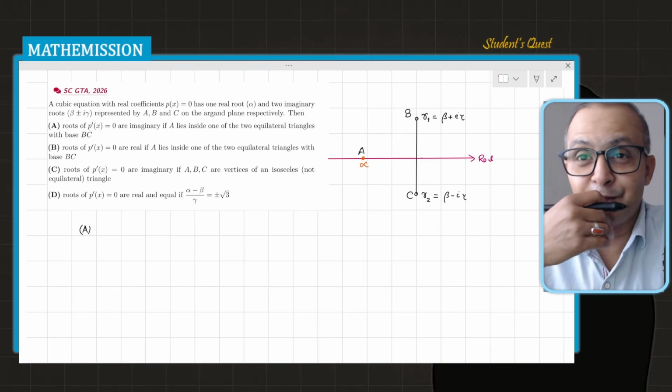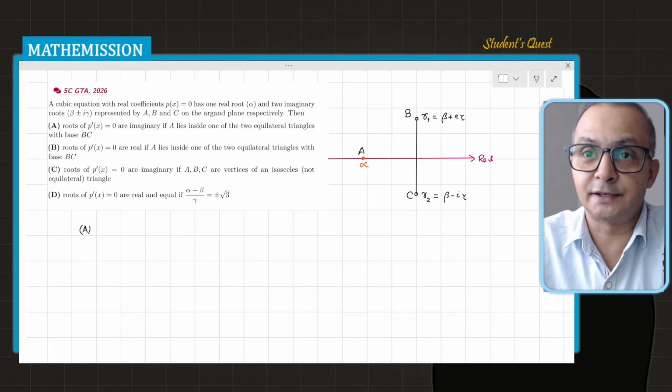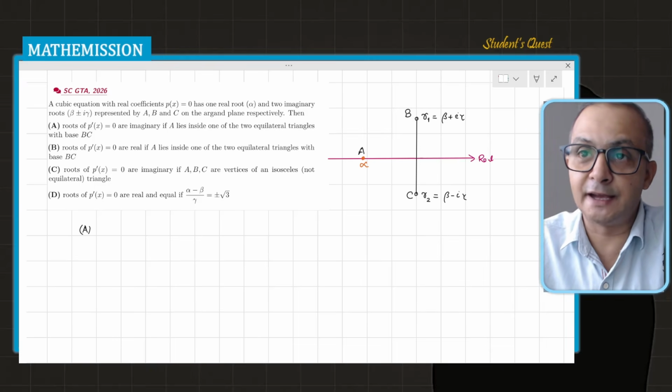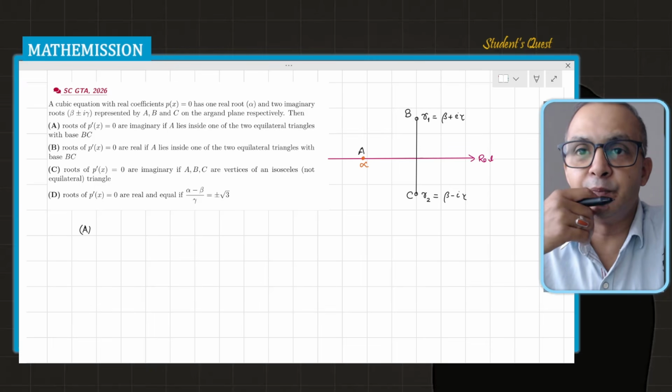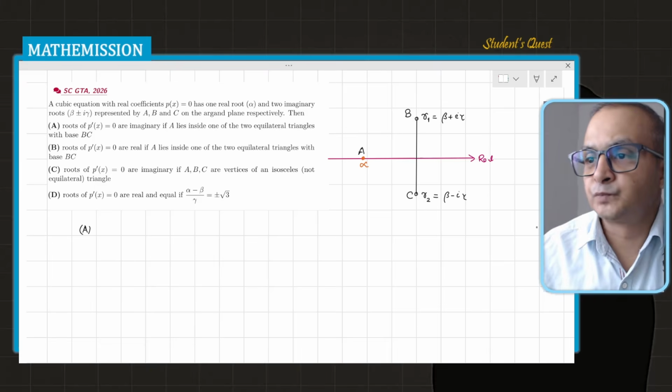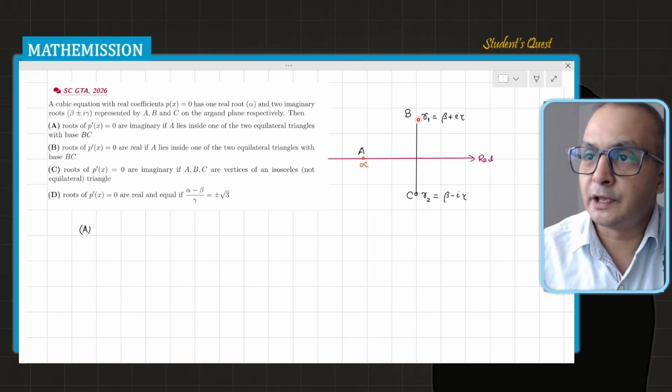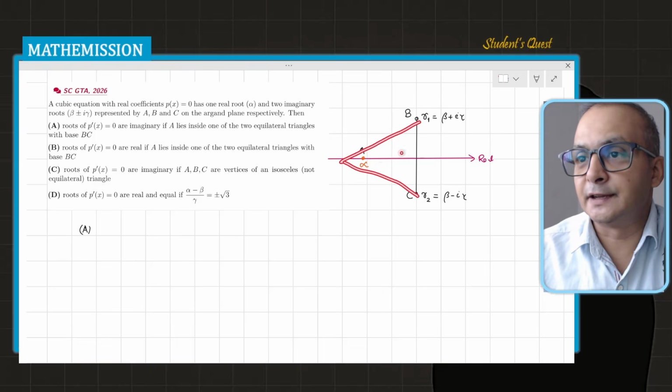Now reread the question: roots of p dash x equal to 0 are imaginary if A lies inside one of the 2 equilateral triangles with base BC. Oh, so what they're asking is, if I draw this equilateral triangle like this, alpha is inside it. It can be drawn here also, on this side, so this alpha will go here.